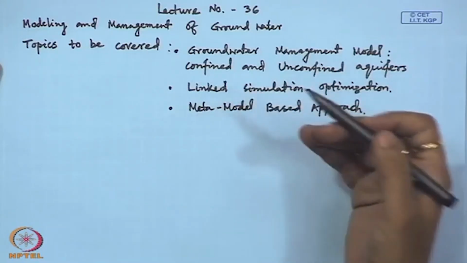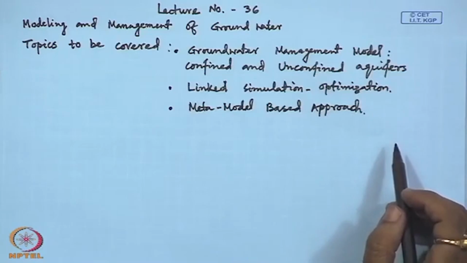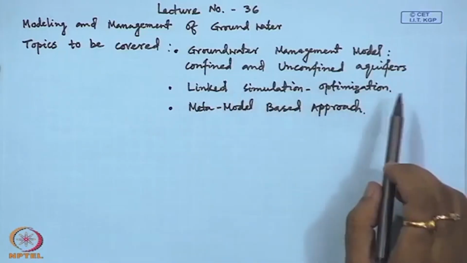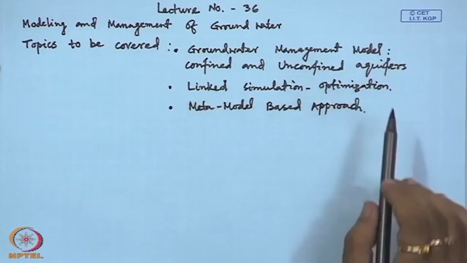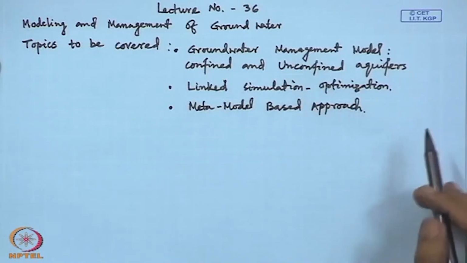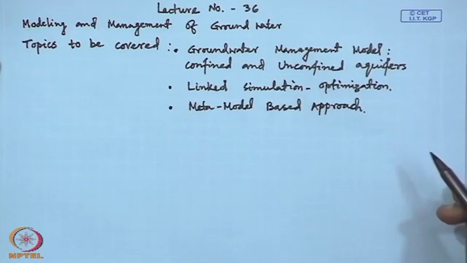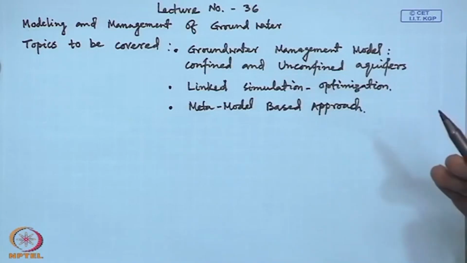In the last lecture, lecture number 35, we talked about the groundwater management model for confined aquifers, that is, basically confined aquifers with one dimensional flow situation under steady state condition.